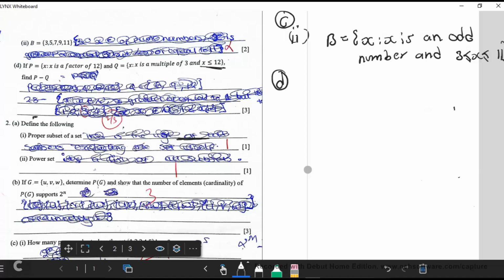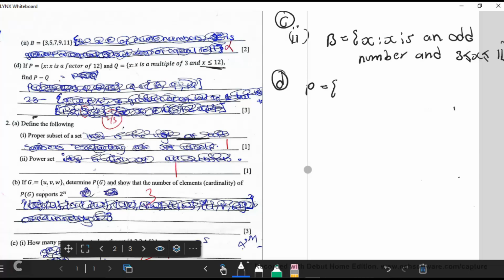Then if you go to 1D, they're saying that P is X such that X is a factor of 12, then Q is the multiple of 3 and is supposed to be less than or equal to 12. So what are you supposed to do there? The first thing is to get those sets into roster form, meaning P is equal to, what are the factors of 12?